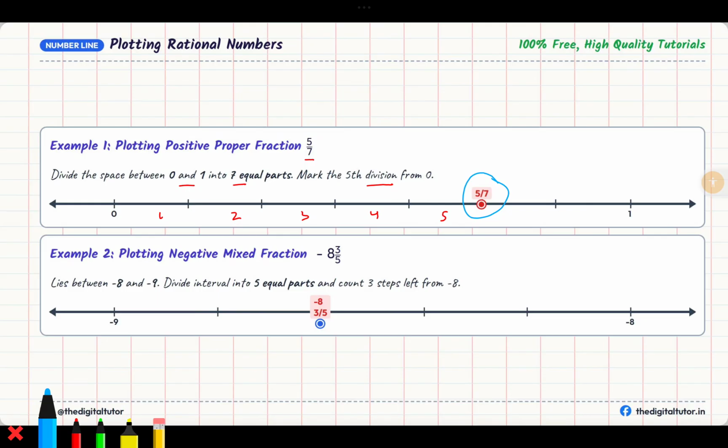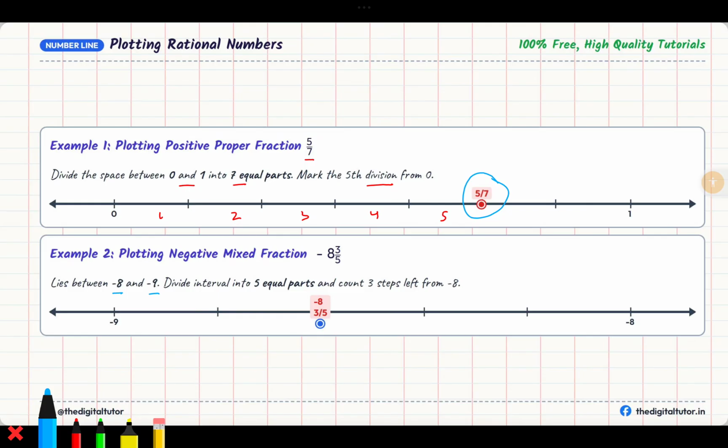The next example we'll be looking at is a negative mixed fraction, which is minus 8 3 by 5. That number lies between minus 8 and minus 9.